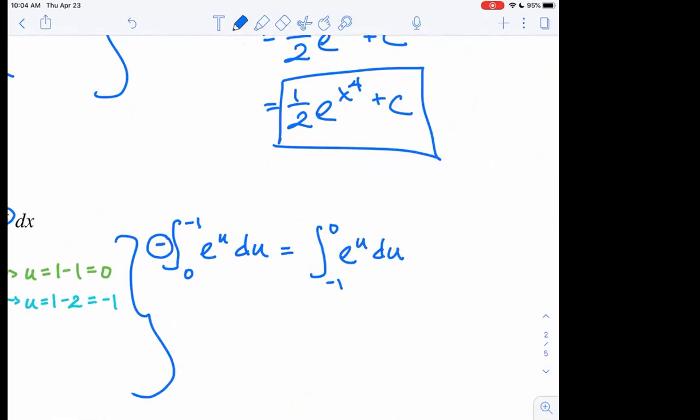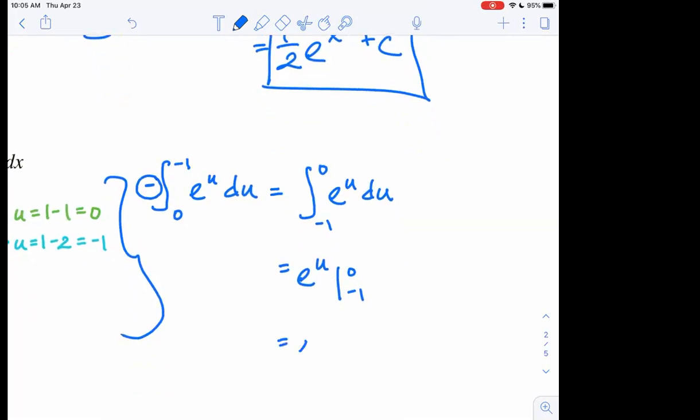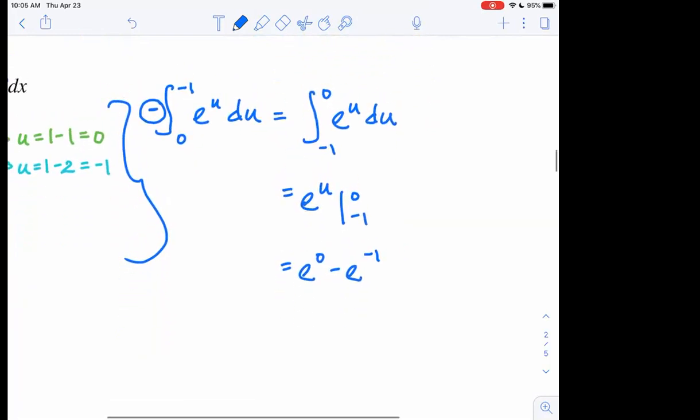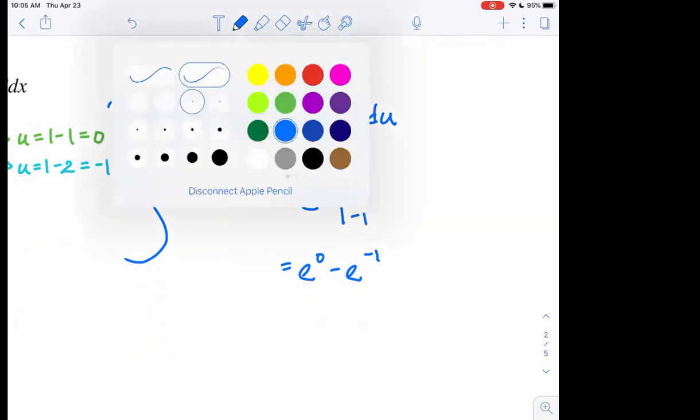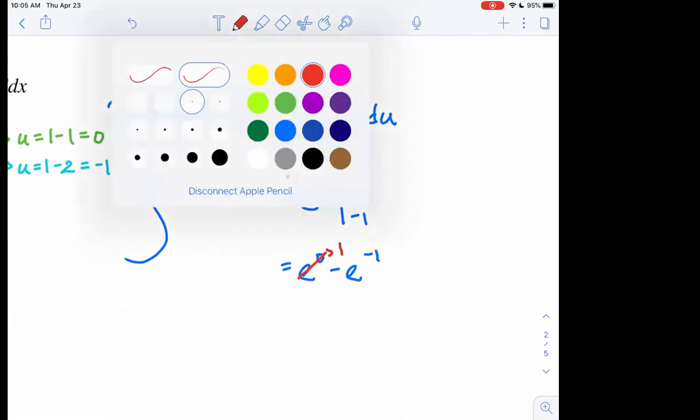Okay, so now let's take our integral and plug in our bounds. So I get e to the u, no plus c because I have bounds, drop the line, 0, -1, and I get e to the 0 minus e to the negative 1. Now, if these were x's, you could leave them like that, but I'm going to say that we want to make sure we know that e to the 0 is the same as 1, okay?